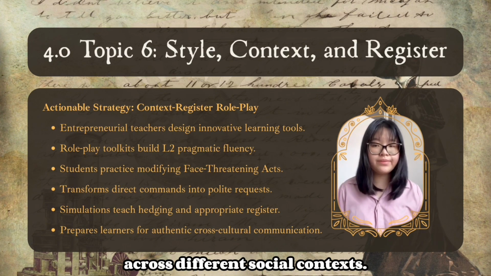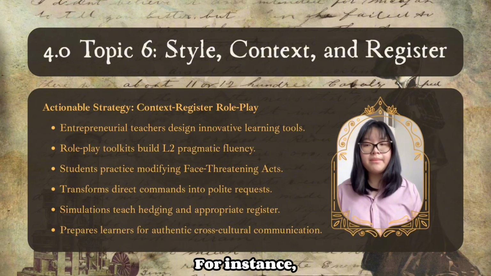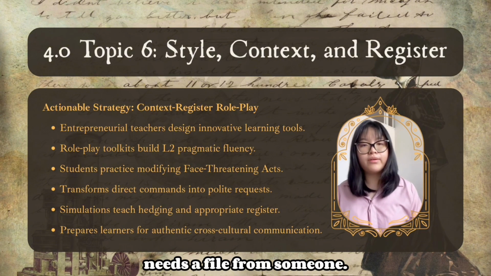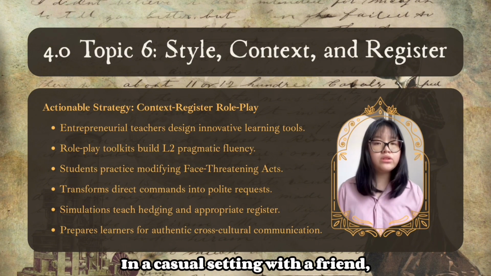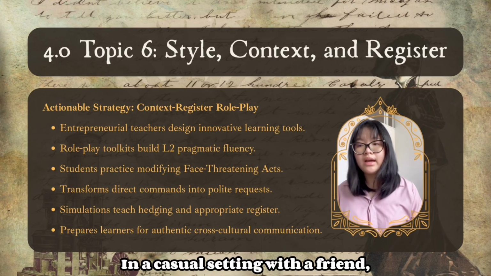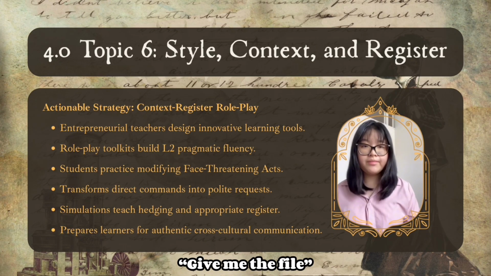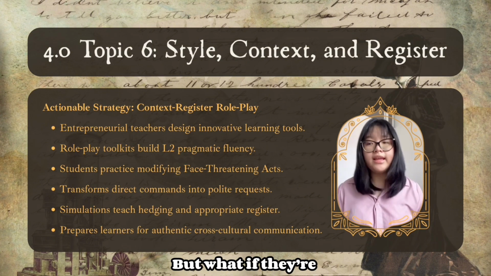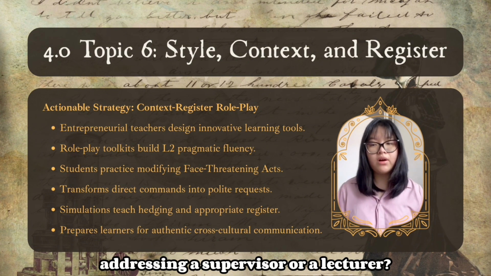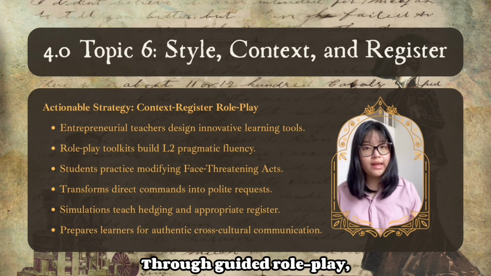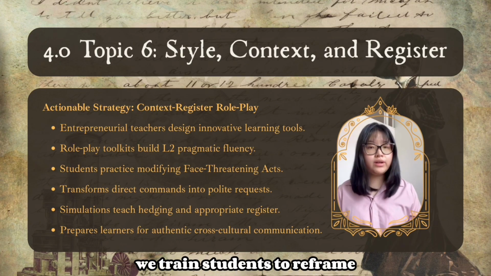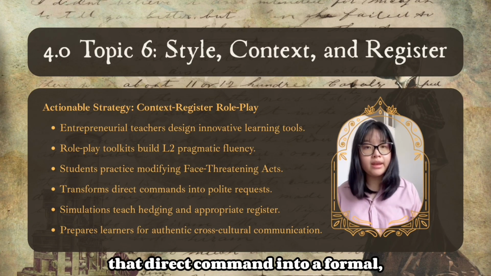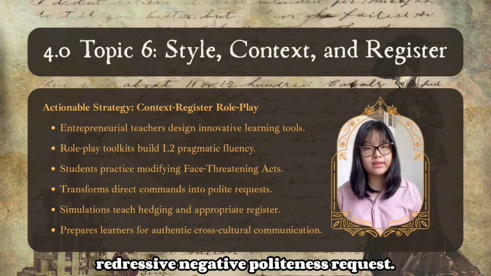For instance, imagine a student needs a file from someone. In a casual setting with a friend, a direct comment like, "Give me the file," works totally fine. But what if they are addressing a supervisor or a lecturer? Through guided roleplay, we train students to reframe that direct comment into formal, redressive negative politeness requests.